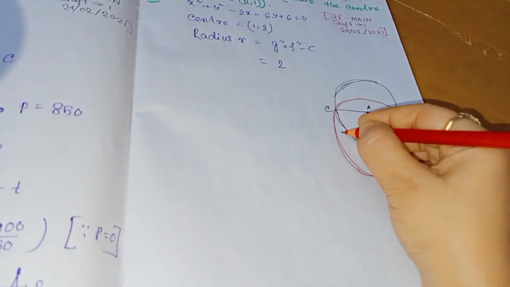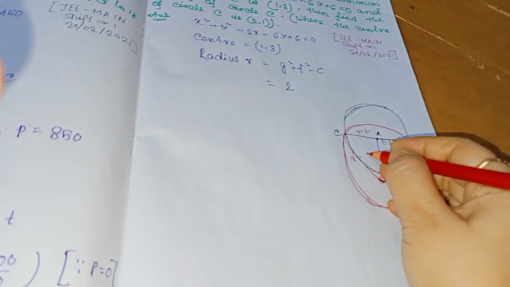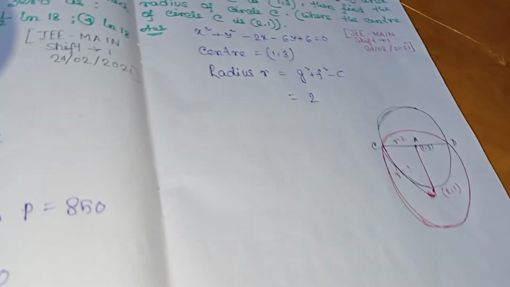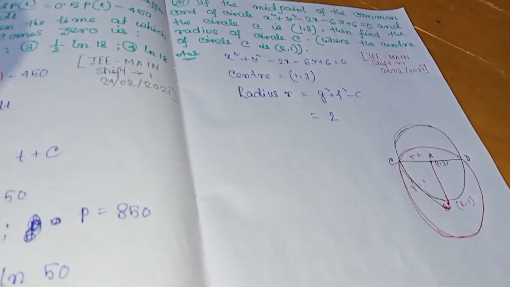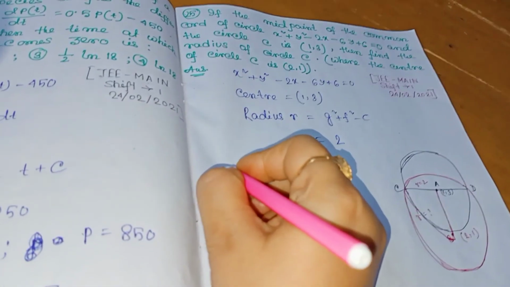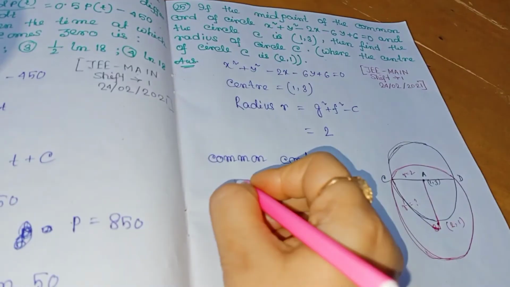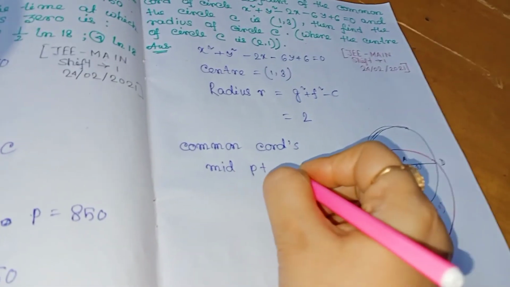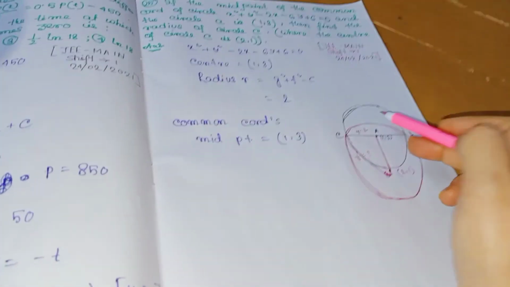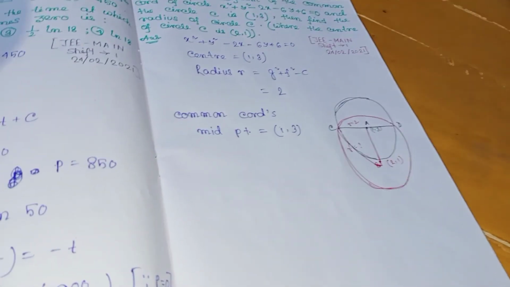The radius of the first circle is r equal to 2, and for the second circle r dash is unknown. Now the midpoint of the common chord is (1, 3), which is A, the center of the first circle, which I sketched in black.